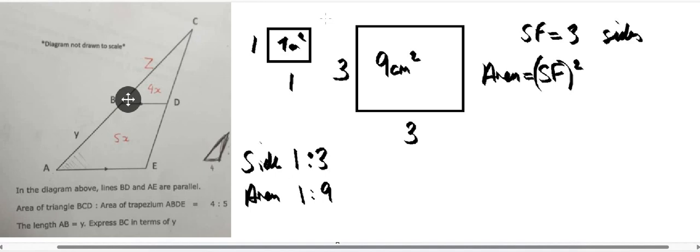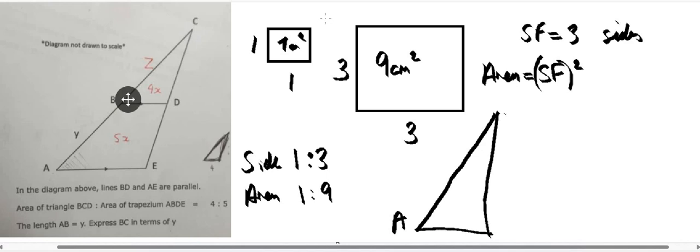Okay, so now let's look at our triangle. For my triangle, I've got two similar triangles. I've got the big triangle, which is ACE, and then I've got the smaller triangle inside, which is BCD. Now, quite rightly, we've labelled it here because it said the ratio of the areas.